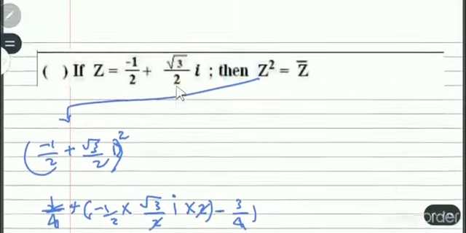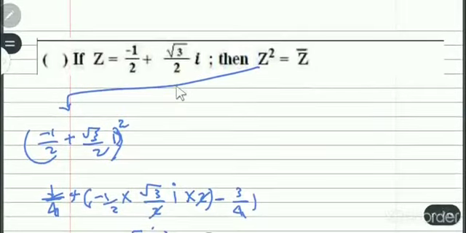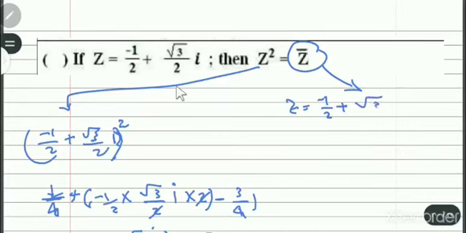Now let us find the conjugate of z here. And we know that z equals -1/2 + (square root of 3)/2 i.